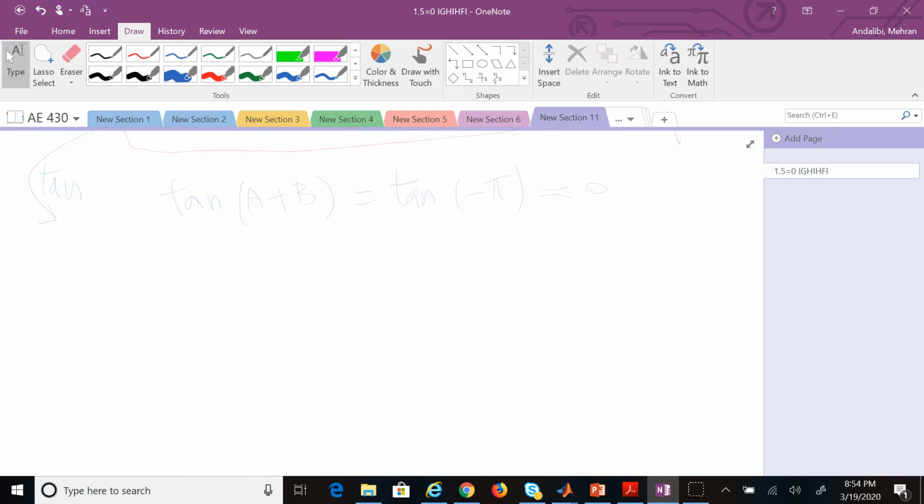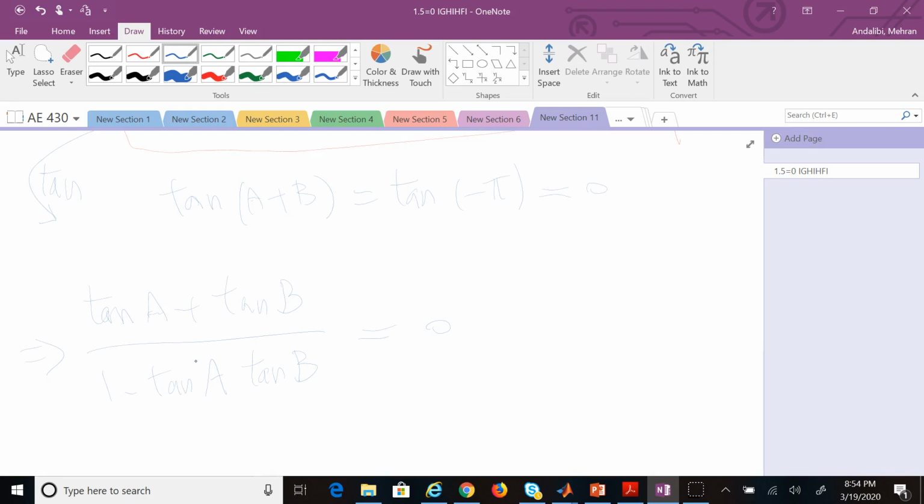Here, you need to know trigonometry. Tangent of A plus B is tangent A plus tangent B divided by 1 minus tangent A times tangent B. If you forgot that, please keep that in mind. This term has to be equal to 0.